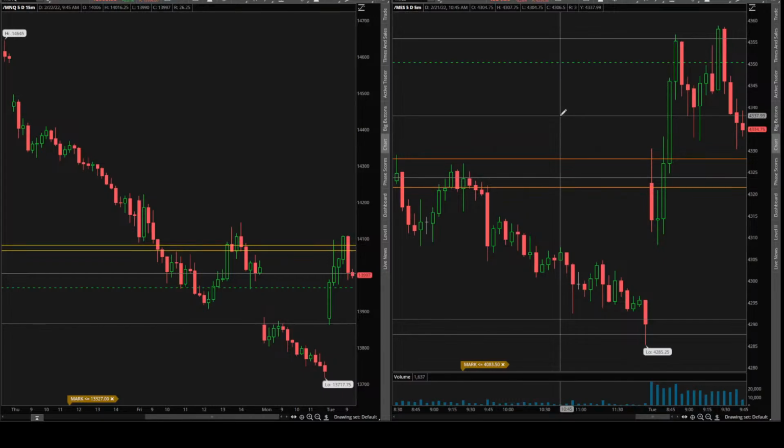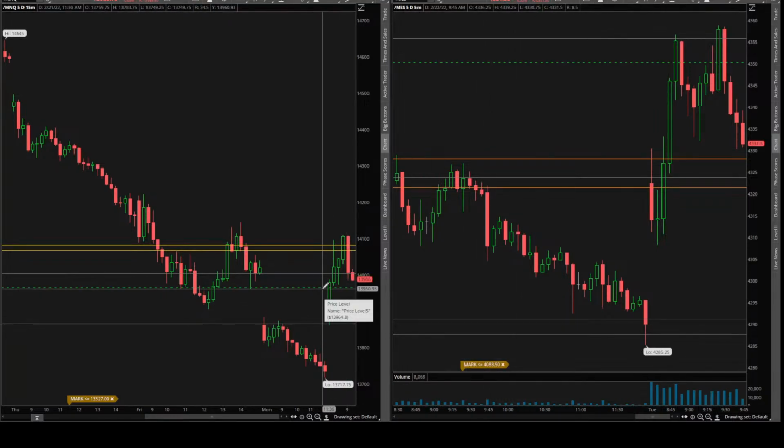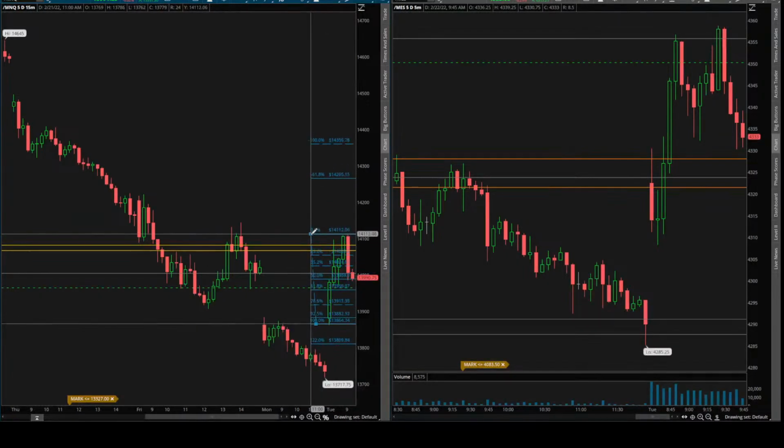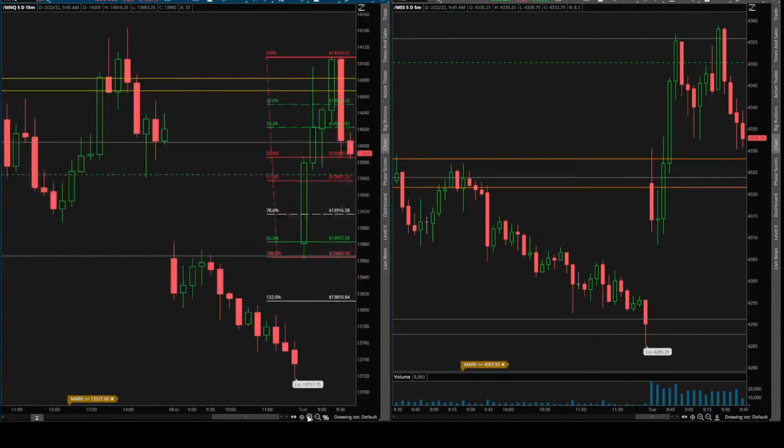So yeah, I'm keeping in mind that NASDAQ's still above the overnight. Overnight high, that is. Right here at the 50% retracement on NASDAQ.